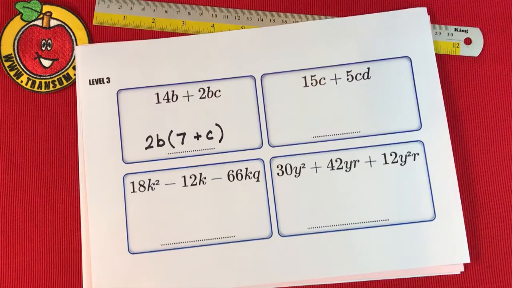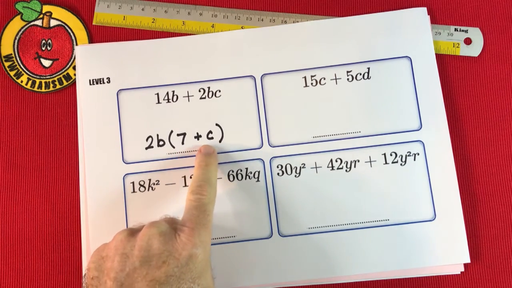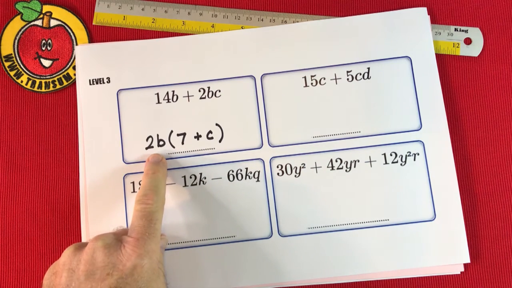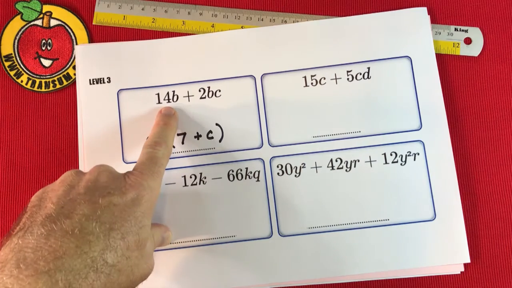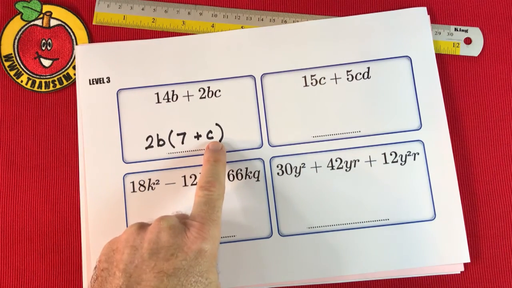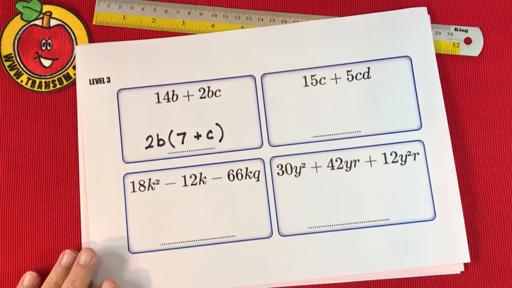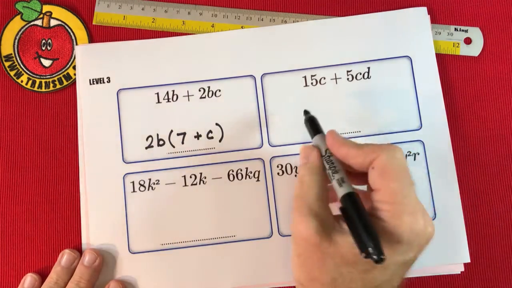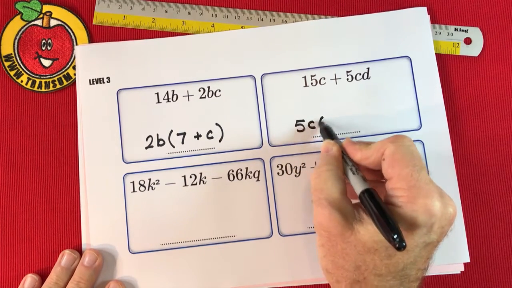So let's check we get back to where we started if we multiply everything inside the brackets by the 2b. 2b times 7 is 14b, correct? And 2b times c is 2bc, correct? That must be the right answer. I can see straight away a common factor of 5 here and a c.